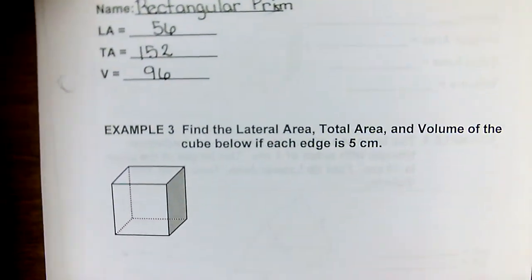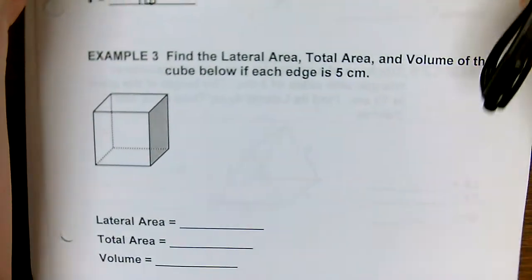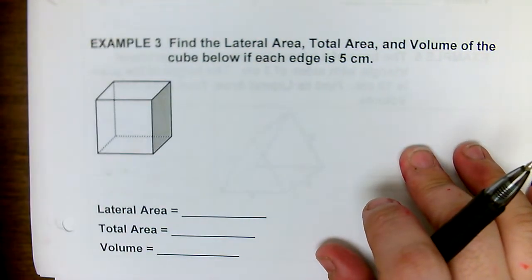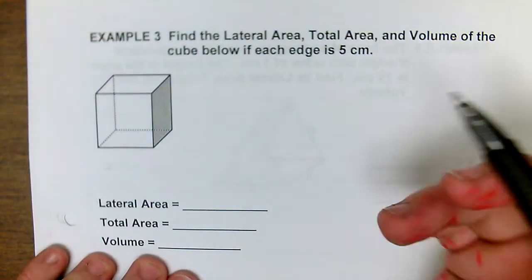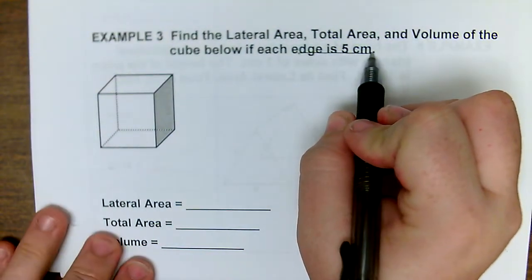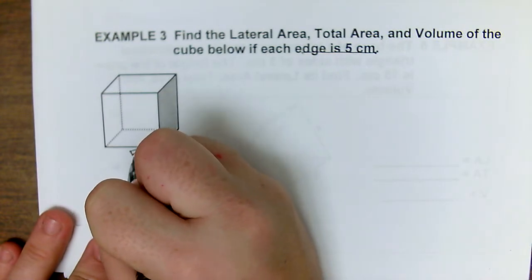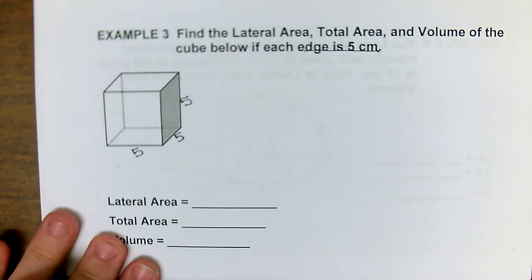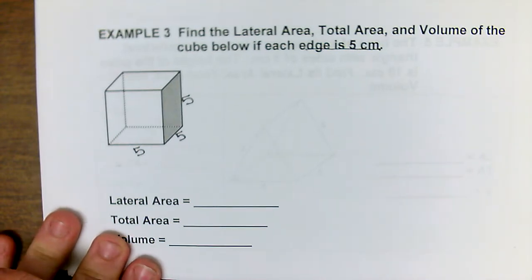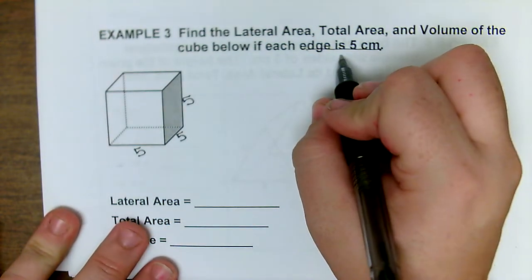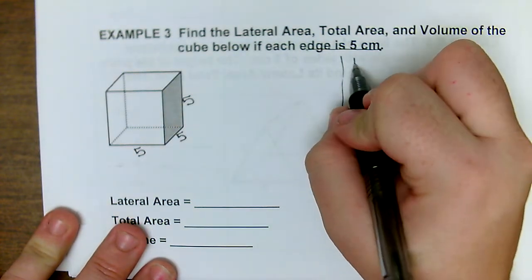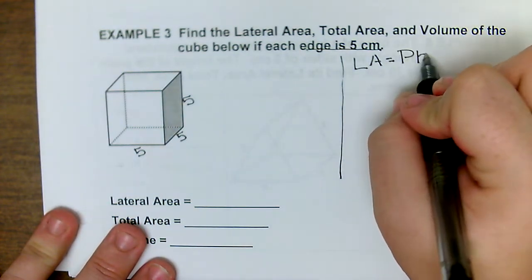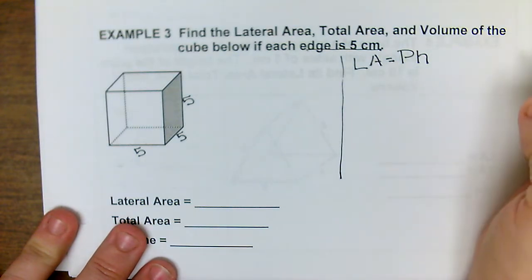Alright, let's look at a cube. On this next example, it tells us that each edge is 5. So that means I have 5 here, 5 here, 5 here. I'm going to start with my lateral area, which is perimeter times height.